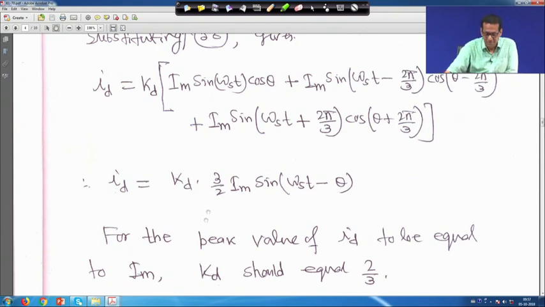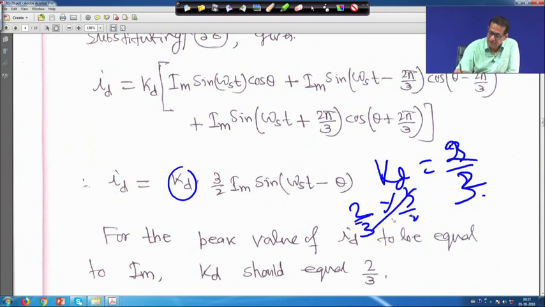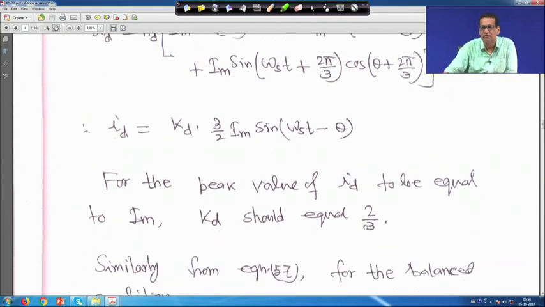Now if you choose kd equal to 2 by 3, then 2 by 3 into 3 by 2 is unity. Therefore, id will become im sin (omega s t minus theta). So, for the peak value of id to be equal to im, kd should be equal to 2 by 3.